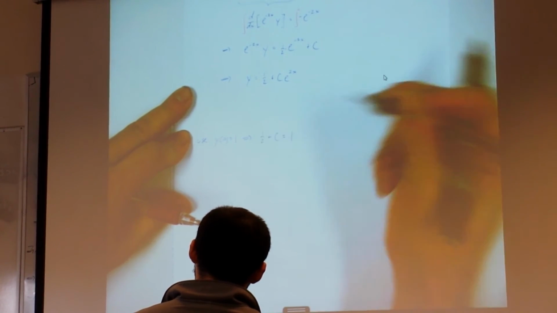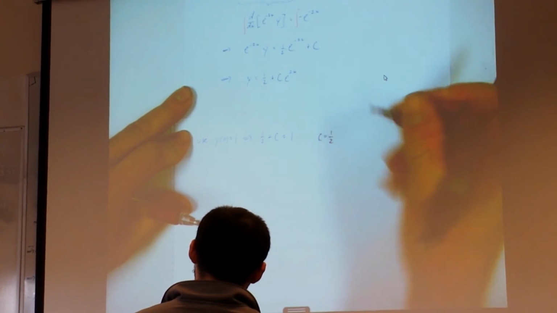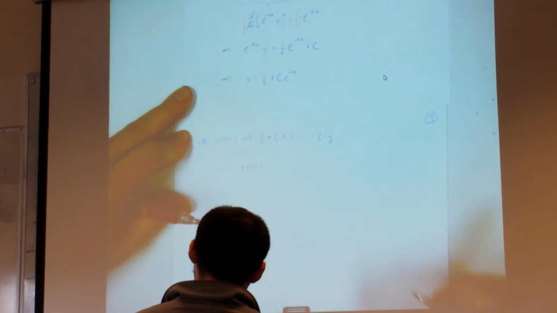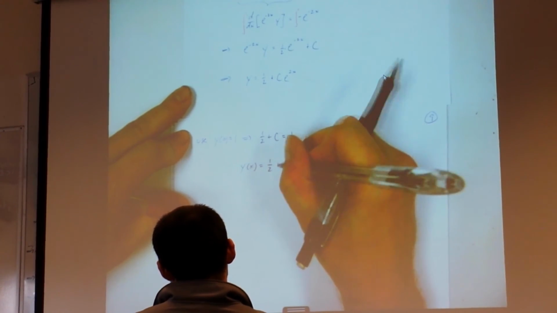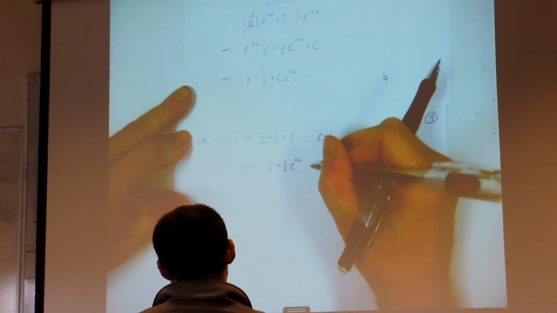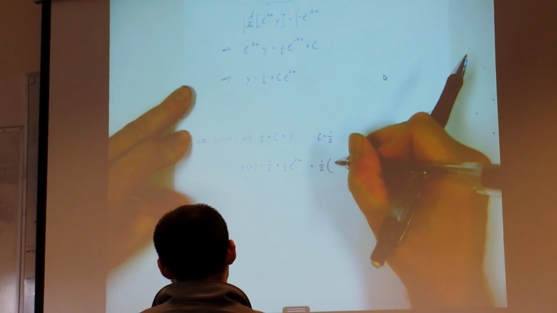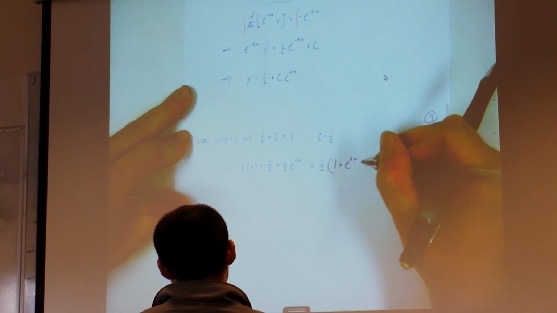And that allows me to solve for c pretty easily, right? c equals 1/2. So y of x equals 1/2 plus 1/2 e to the 2x. You can just leave it in there, or I could factor out that 1/2 and get 1/2 times (1 plus e to the 2x). Okay, so that's not so bad.